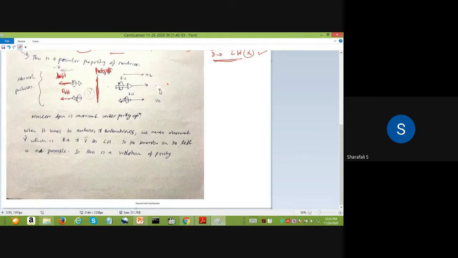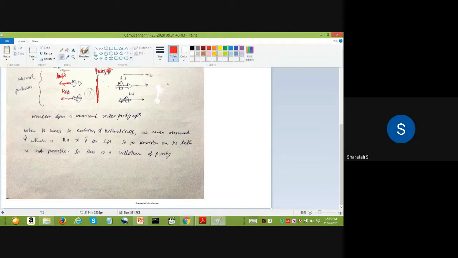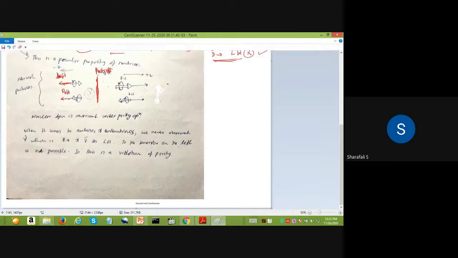Let's say this is not the case for now. So in this case, we have a right-handed particle. Here we have a left-handed particle. When you take the parity operation, they will become a right-handed particle. So a left-handed particle under parity operation will become a right-handed particle, and the spin and the momentum direction will be in the same direction.